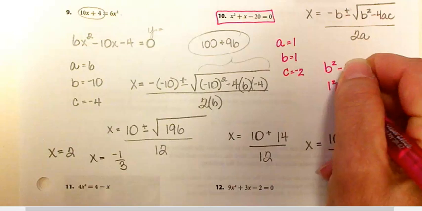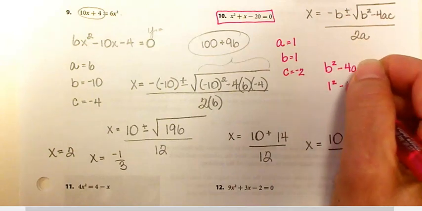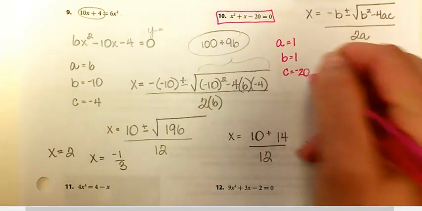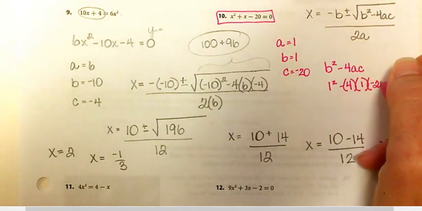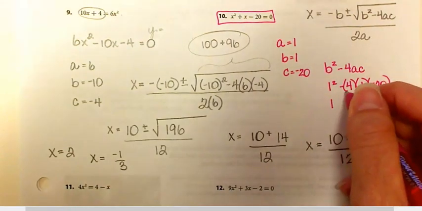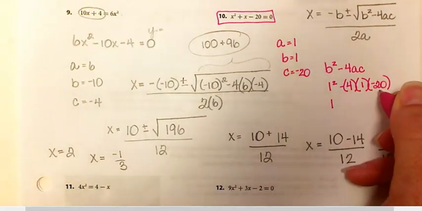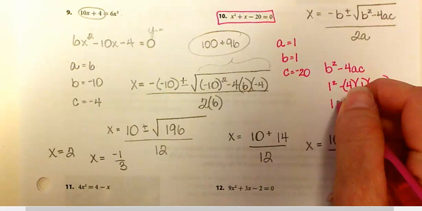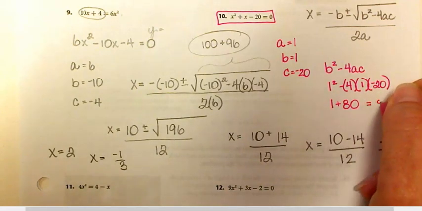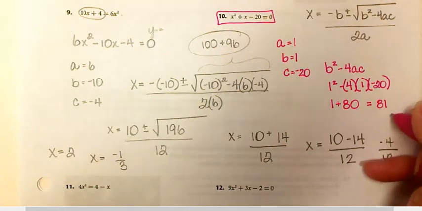That's going to be 1 squared minus 4 times 1 times negative 20. That is 1. And then negative 4 times negative 20 is positive 80 times 1. So my discriminant is 81.